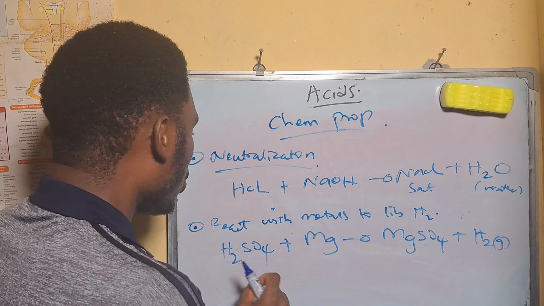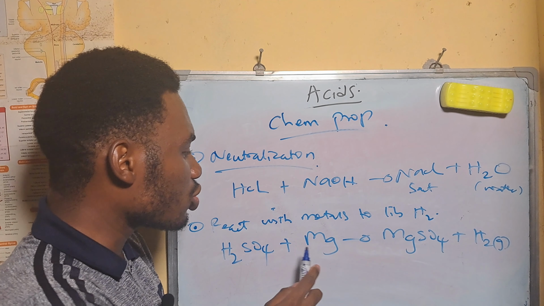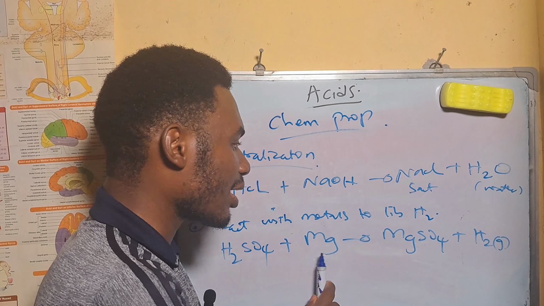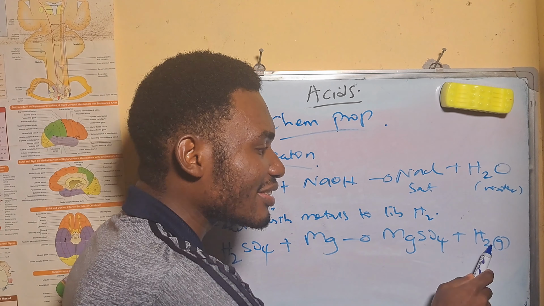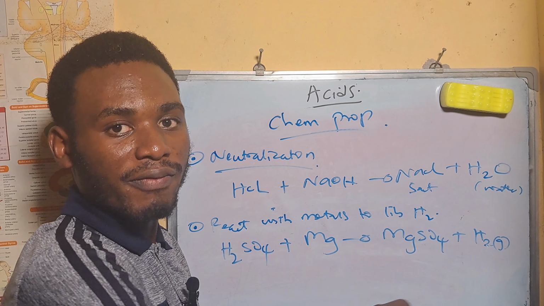This is a concentrated acid. Once an acid reacts with a metal, magnesium is a metal as you all know, it liberates hydrogen gas. This is a chemical property of acids.